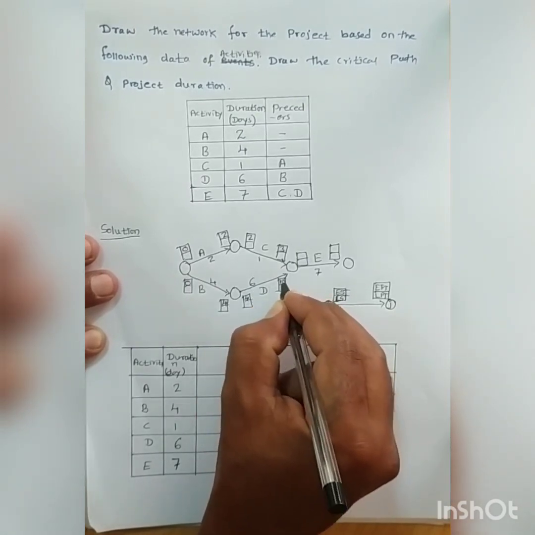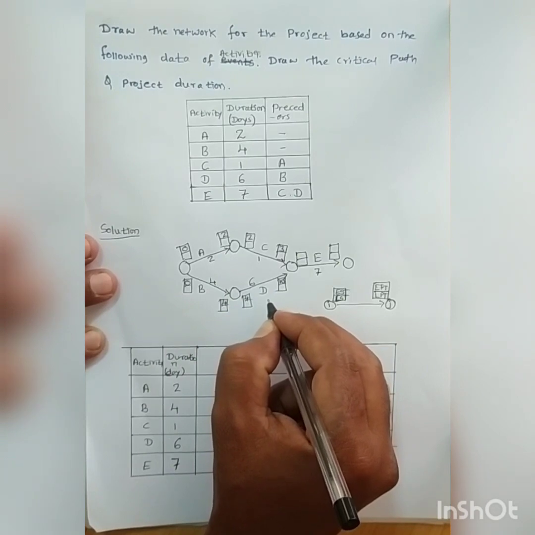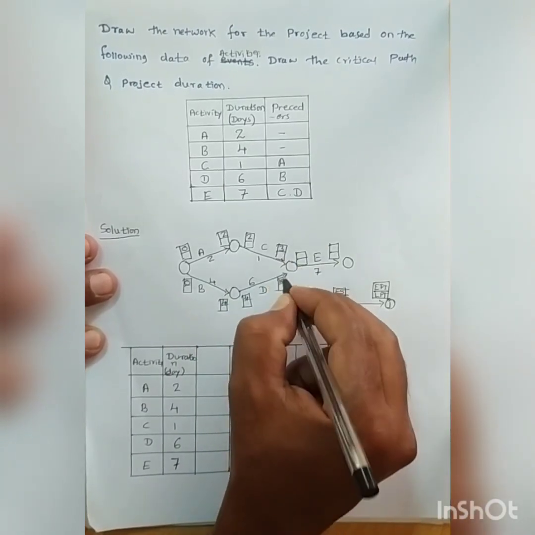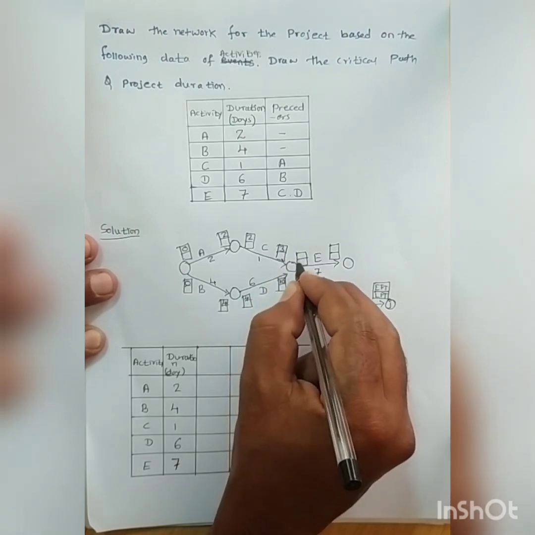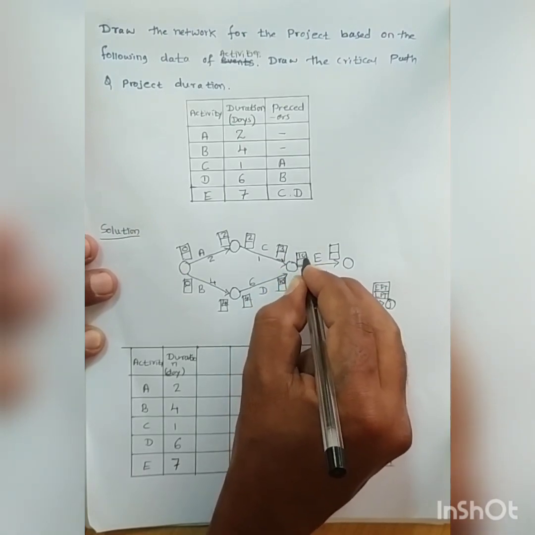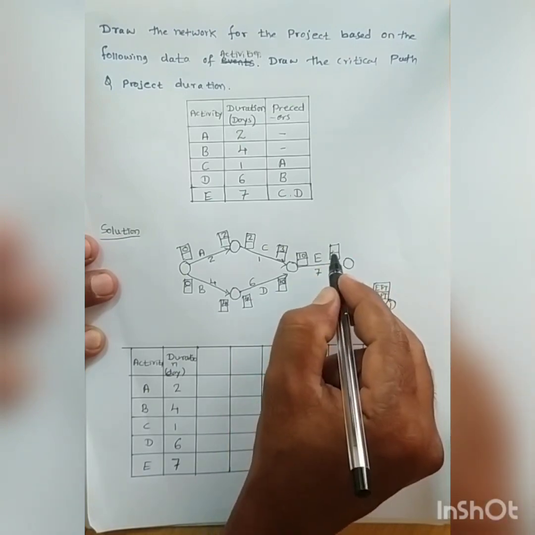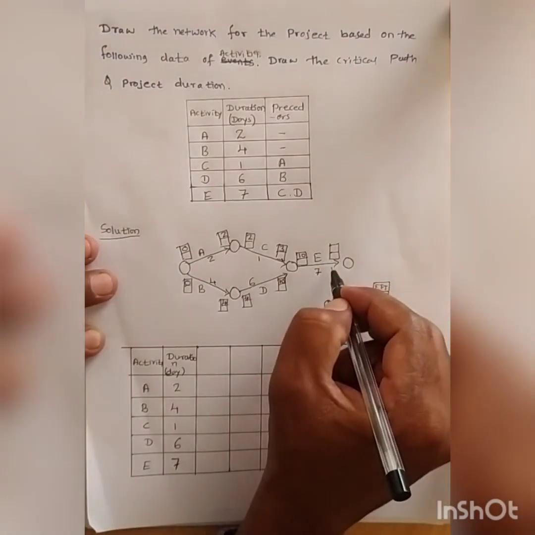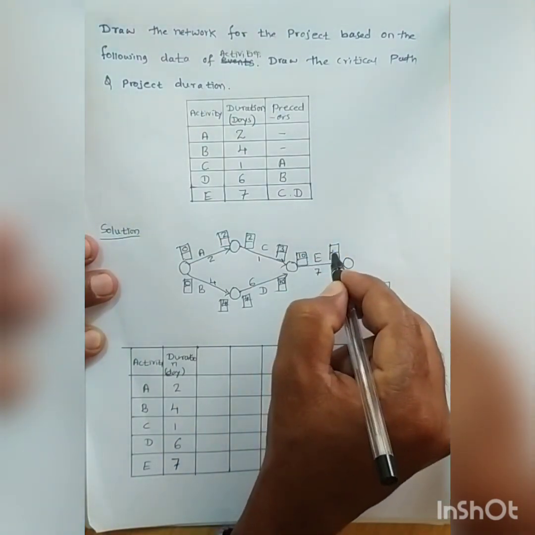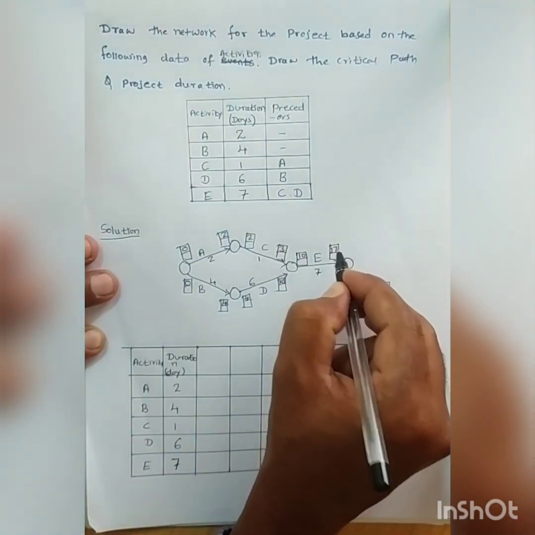This is the forward pass computation, so we have to take the maximum. Of 3 and 10, which is the maximum? 10. So 10 is the early start time of activity E, and its early finish time is 10 plus 7, 17 days.